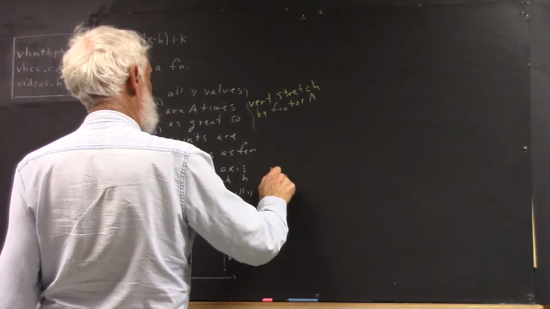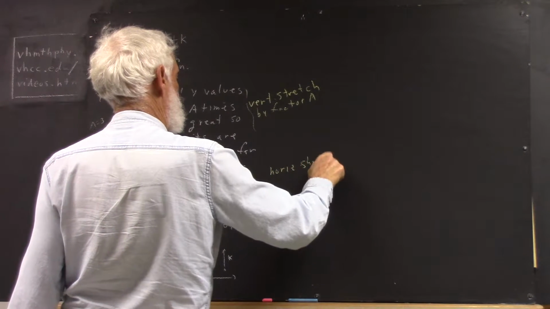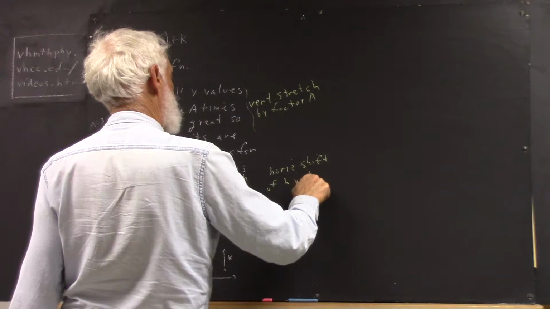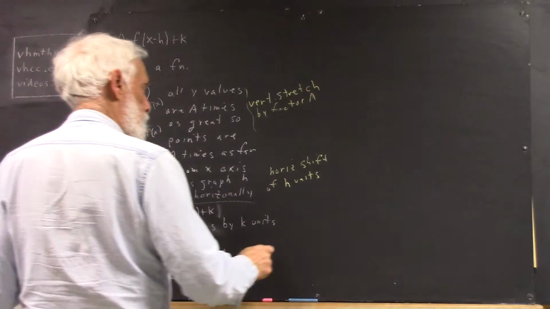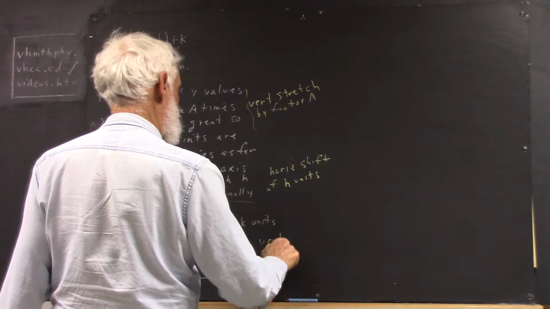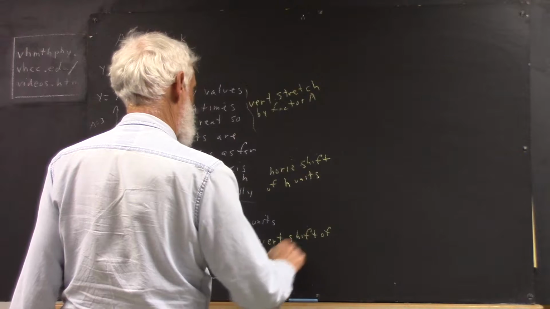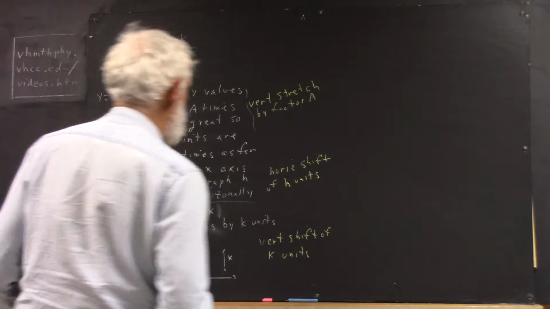This is a horizontal shift of h units. That h came out a little substandard, okay? And this is a vertical shift of k units.